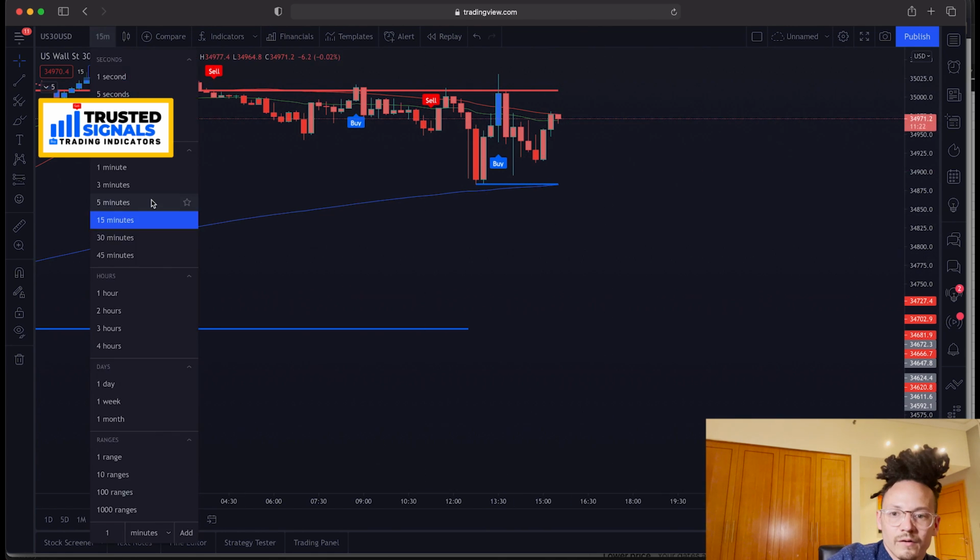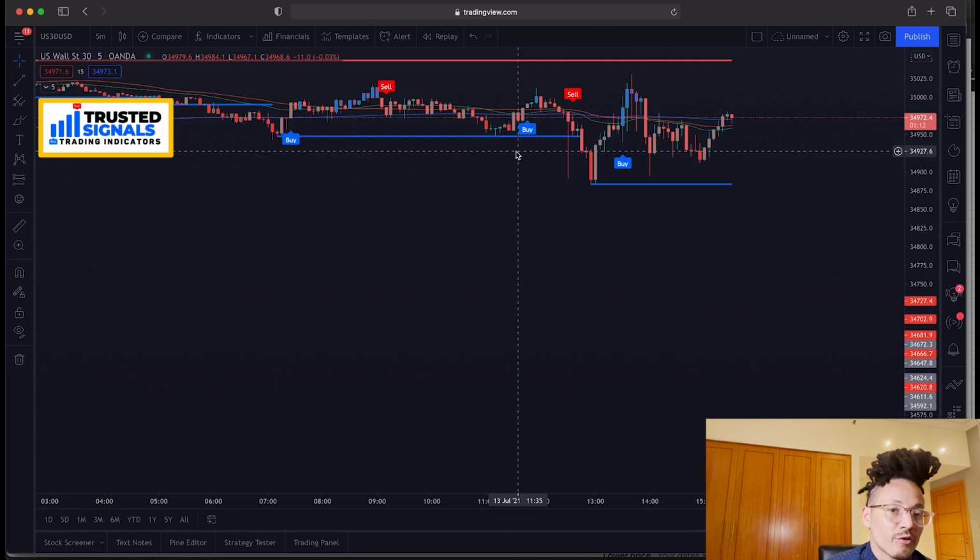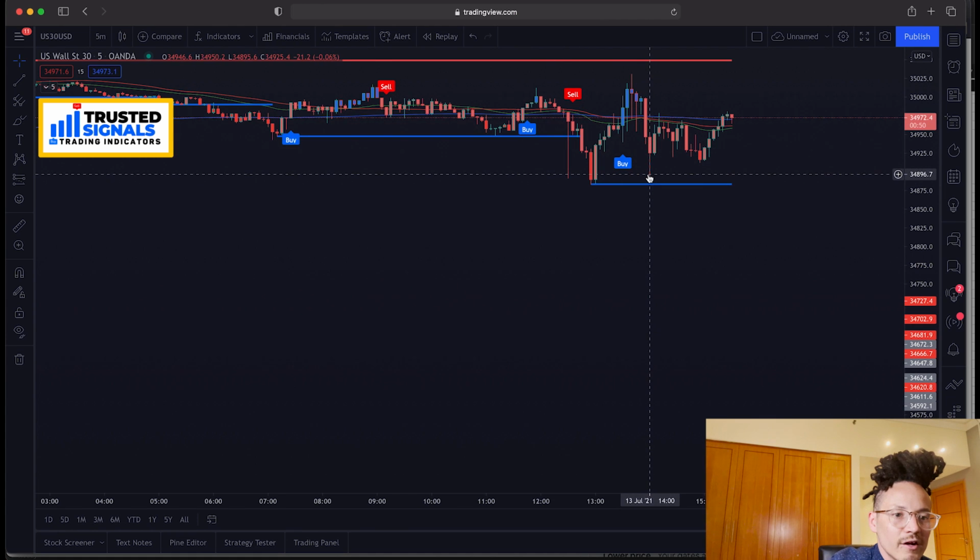Let's carry on. Then let's move on to the 5-minute. So these lines of support and resistance help me extremely. I use them for my entry points and also my exit points. So if you decide to enter right here at this buy, you can have your final take profit really close to the resistance line and take partials somewhere around here.